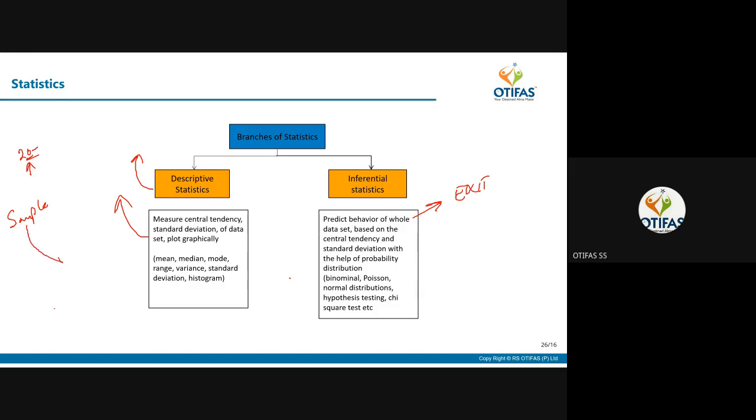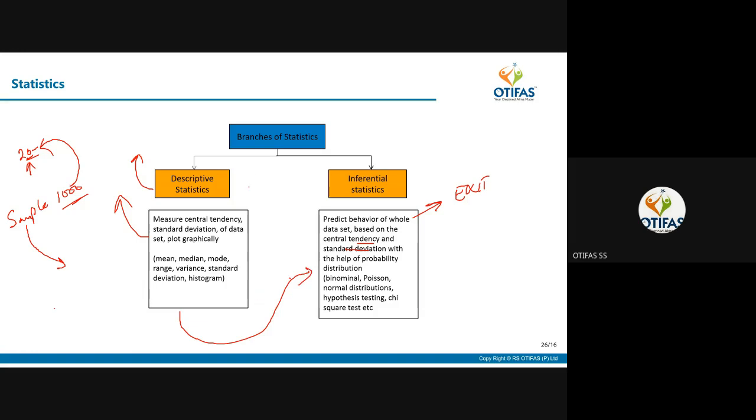Based on the sample, they predict the behavior of the total. So you predict the behavior of the whole data set based on the central tendency data of descriptive statistics.